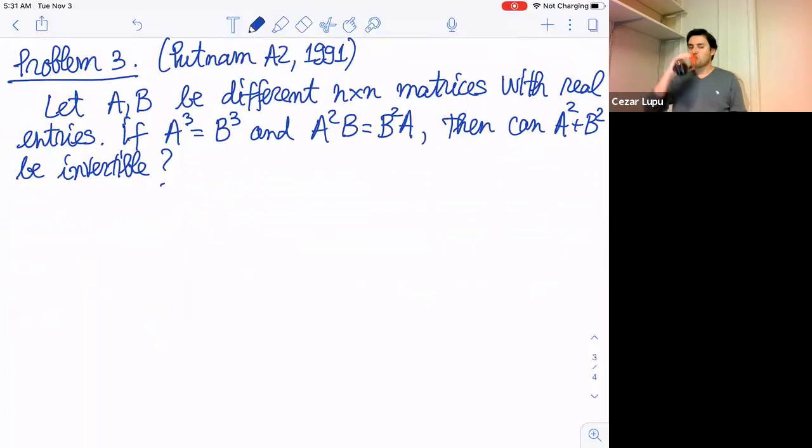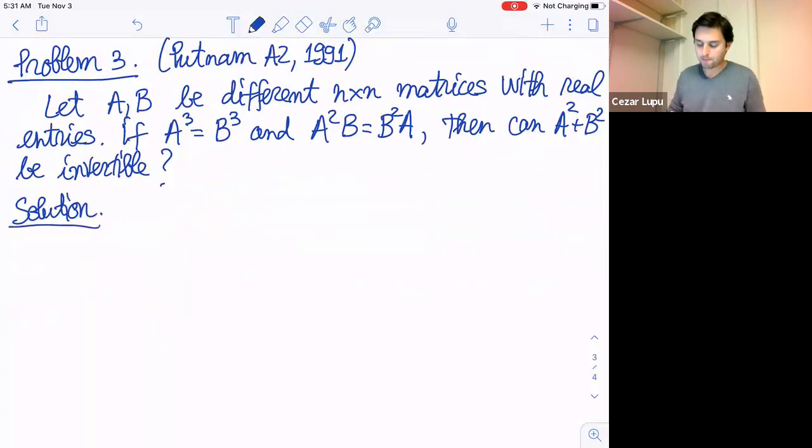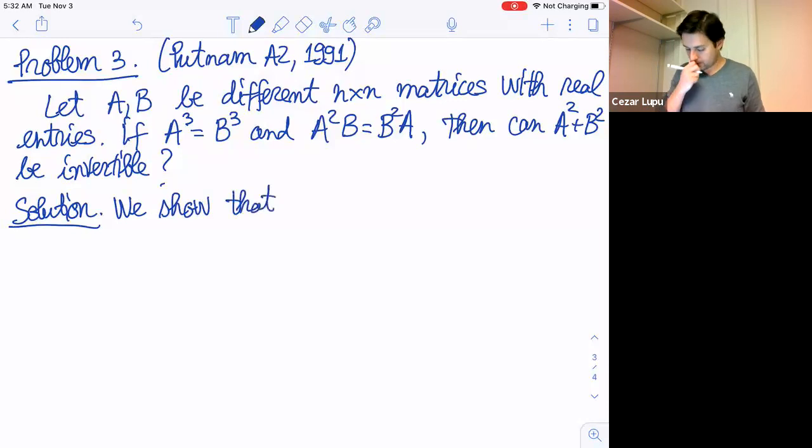Well, let's assume, well, we will show that this matrix A squared plus B squared is not invertible.